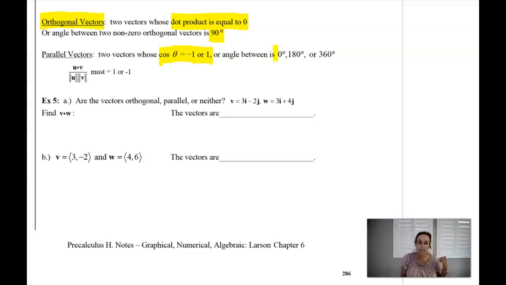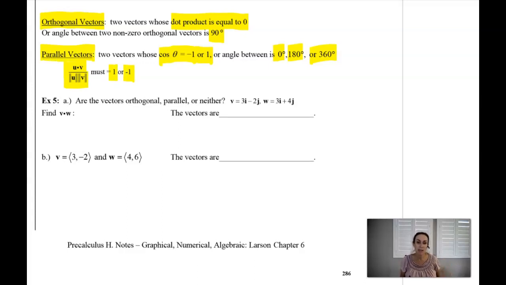And we're looking at 0 degrees, 180 degrees, or back around at 360 again. So how do we find the cosine of theta? We use u dot v divided by the magnitude of u times the magnitude of v, and that must be equal to 1 or -1, and then I would have parallel vectors.